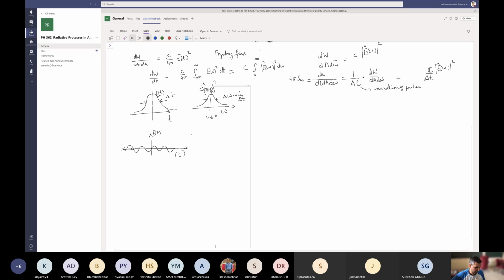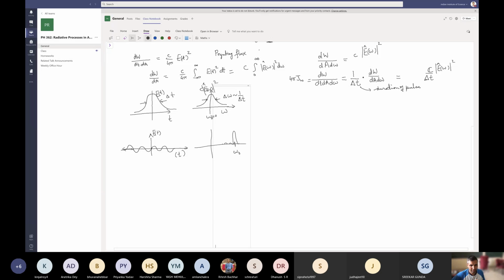If you take the Fourier transform of this, it should have 0 power at omega equal to 0, of course, because its average is 0, but it will be peaked at omega naught, and it will have some side bands.